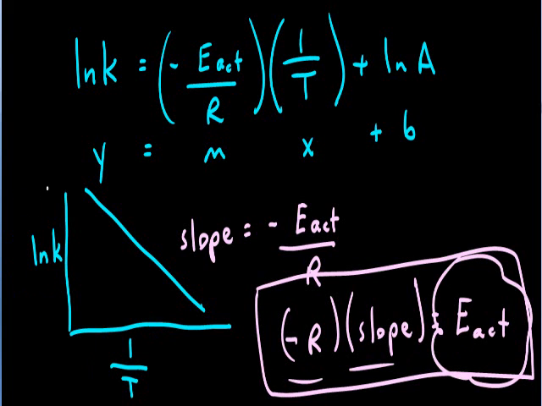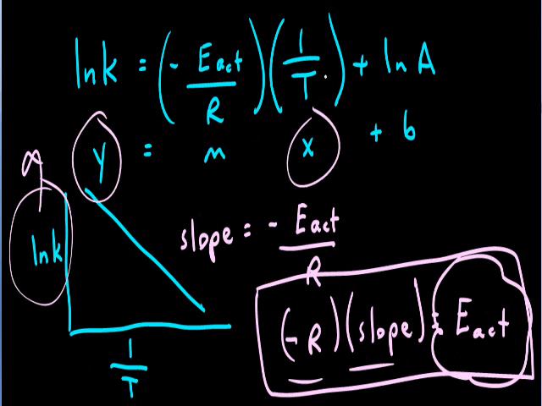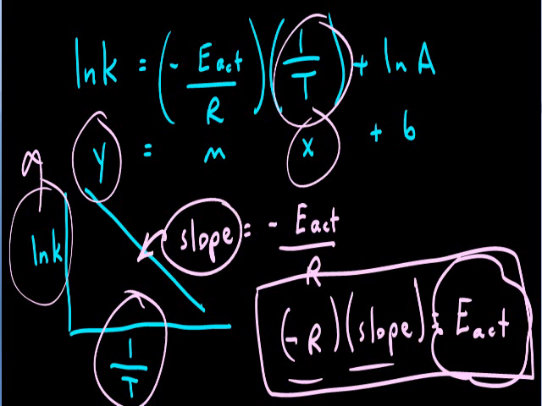So again, by making our plot where we have our natural log of k on our vertical axis, or our y-axis, and making our x-axis 1 over our absolute temperature, when we plot this, the slope of the line would be negative energy of activation over R.